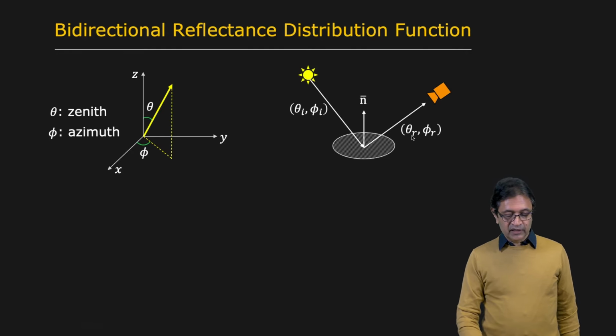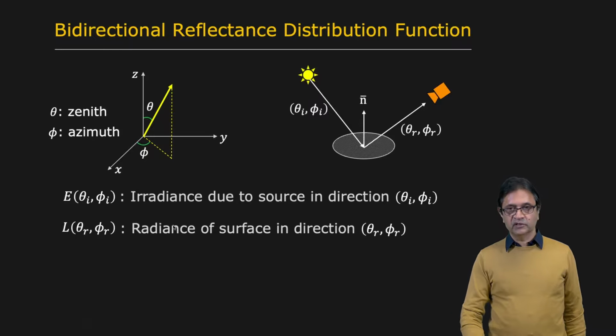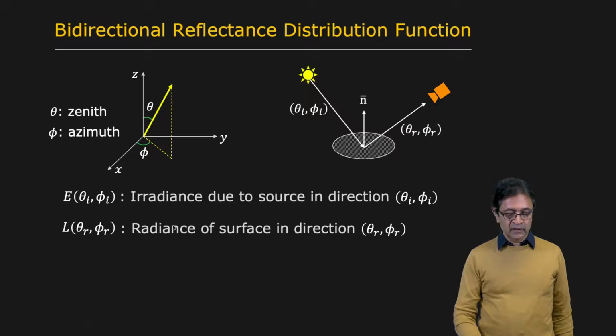So we can say that the irradiance of the surface due to a source in the direction (theta_i, phi_i) is E(theta_i, phi_i). And the radiance of the surface in the direction (theta_r, phi_r) is L(theta_r, phi_r).